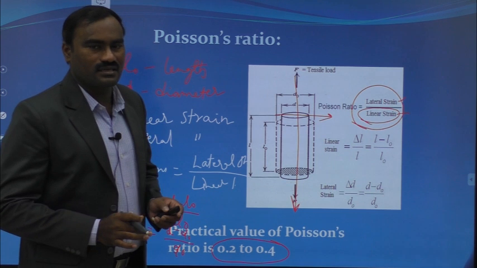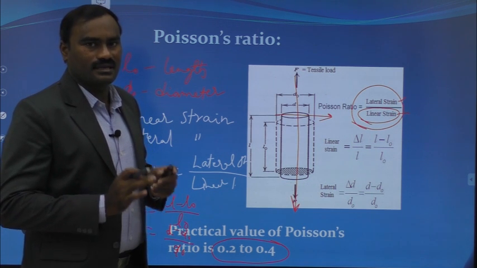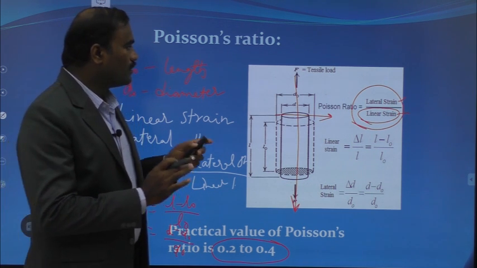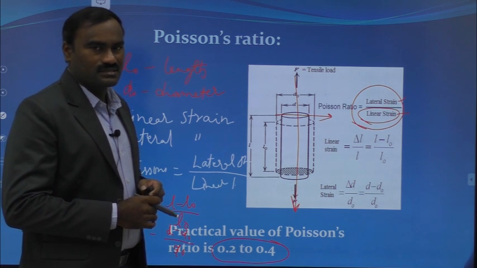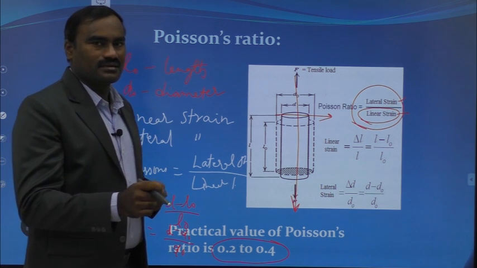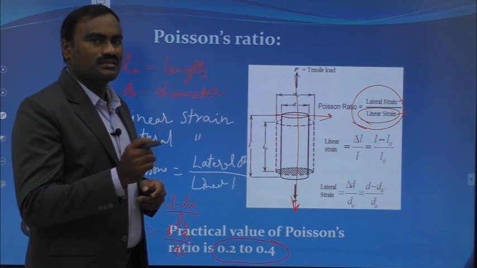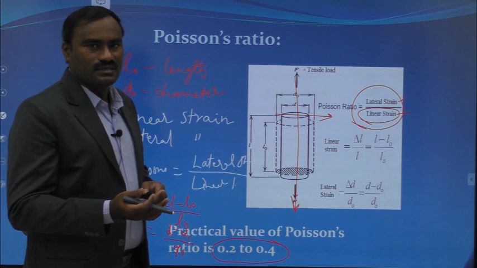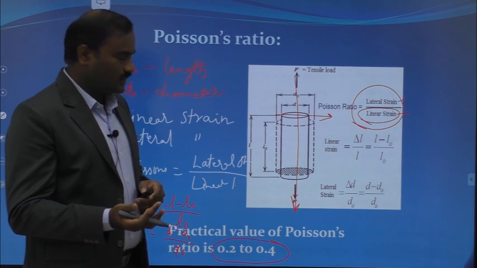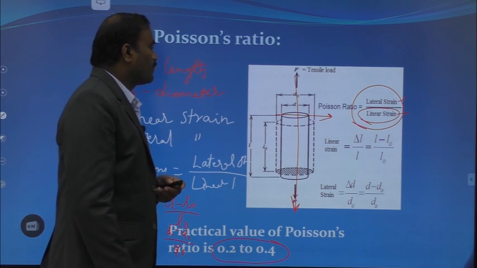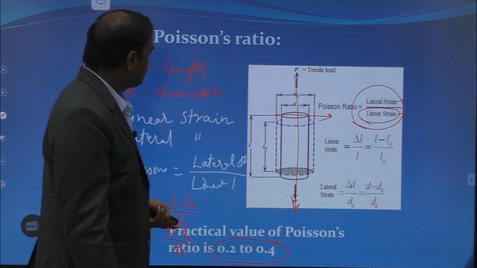So the linear strain is always greater than the lateral strain. That means the change in the length compared to the area of the wire under the tensile stress is always greater. Okay, so this is about the Poisson ratio.